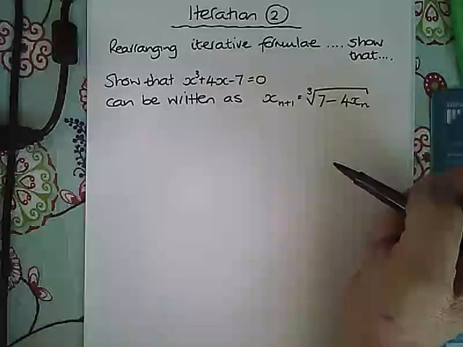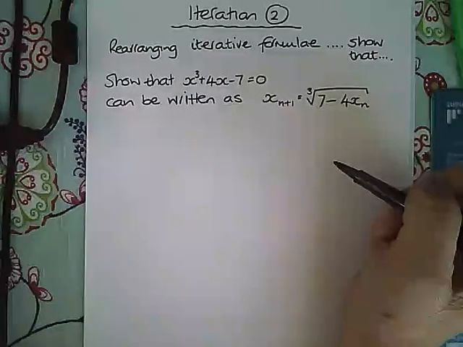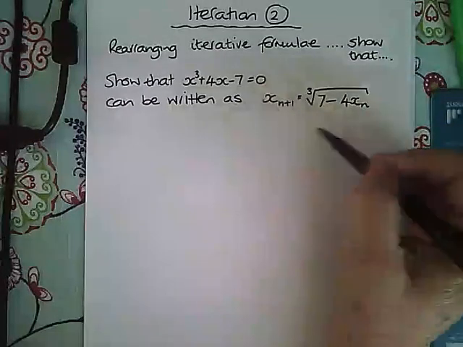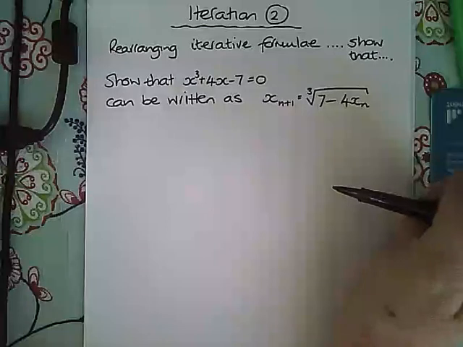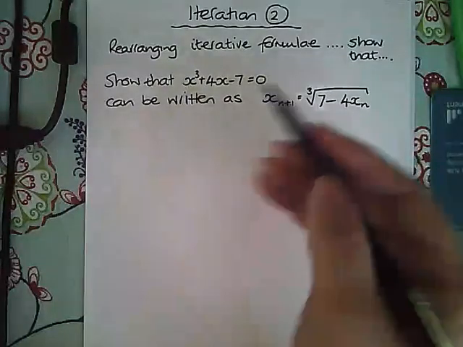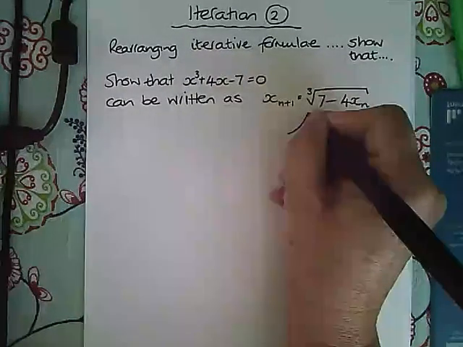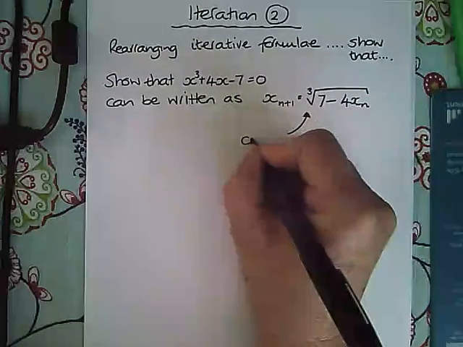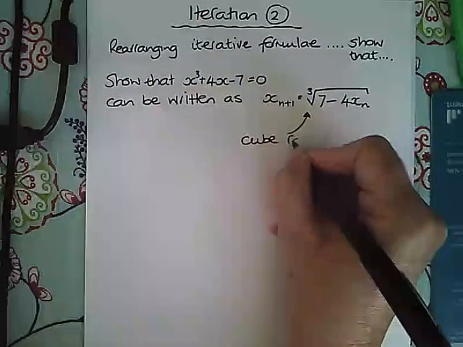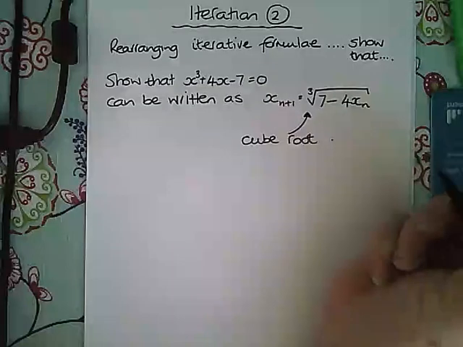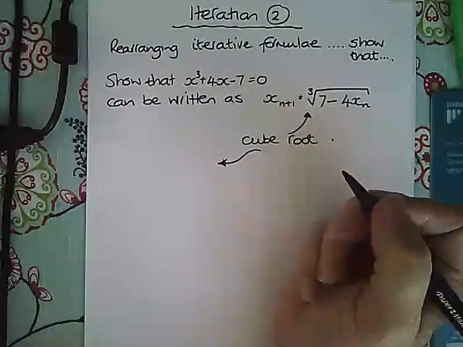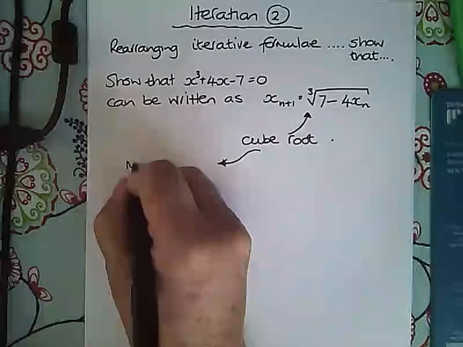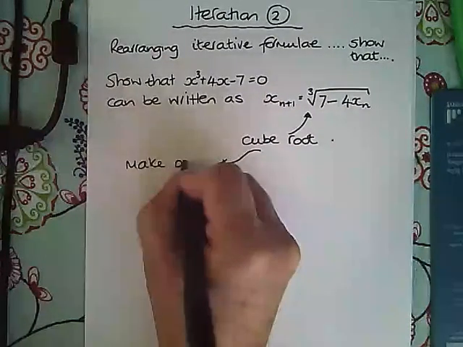Now, when we're doing a "show that", we have a clue in this formula that tells us how we are going to rearrange the one that we have been given. And the clue here is the cube root. Okay, so the cube root gives us a clue that we are going to make the x cubed the subject of the equation.